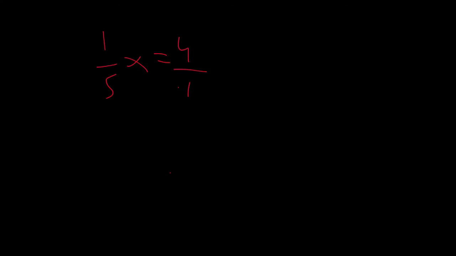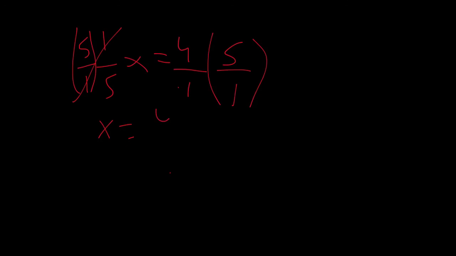Since the answer is a fraction, you would just simply multiply the reciprocal. 5/1. They cancel out, that's the same. Okay, so x will equal 4 times 5.